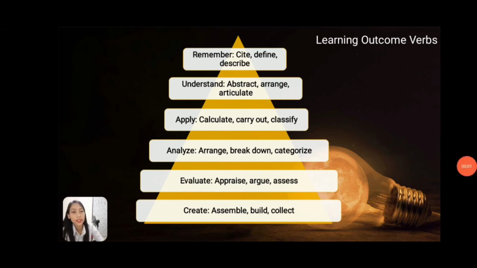The second is understand. It means that the student can explain the ideas or the concept, so the verbs are abstract, arrange, articulate, explain, discuss. And the next is apply.